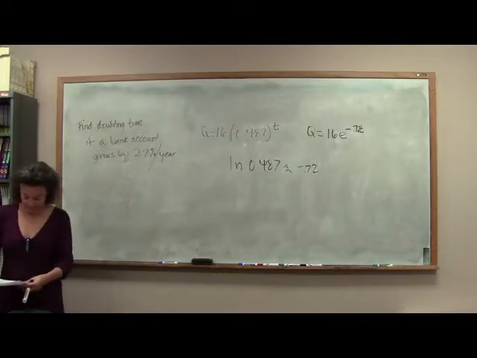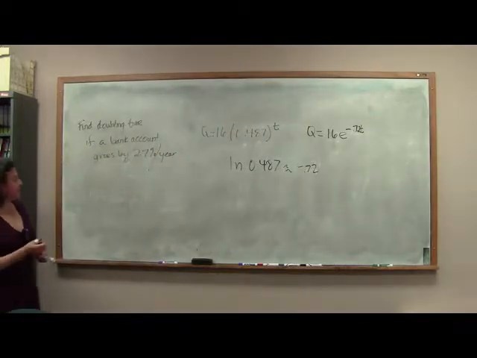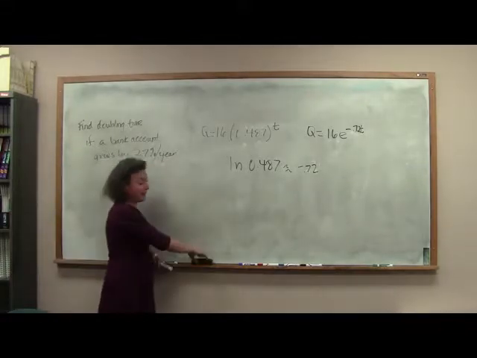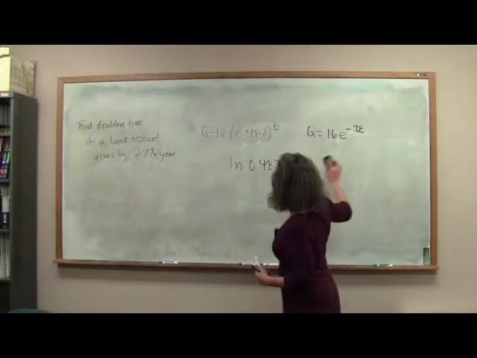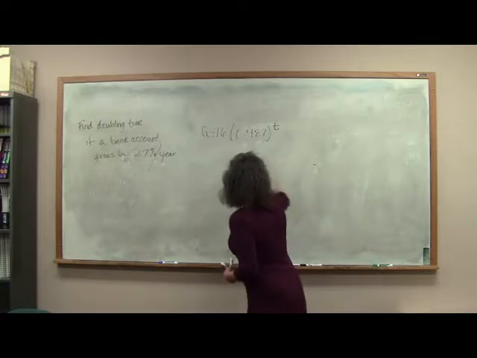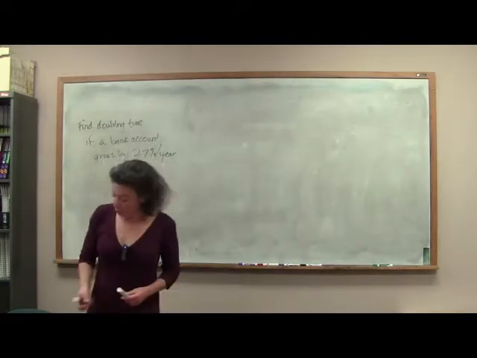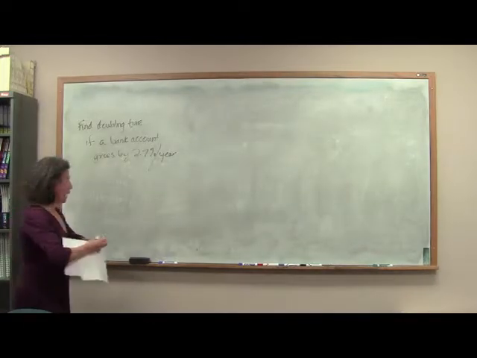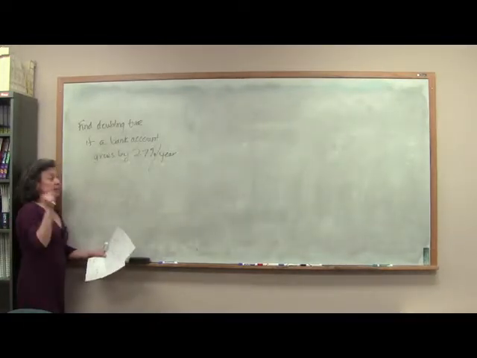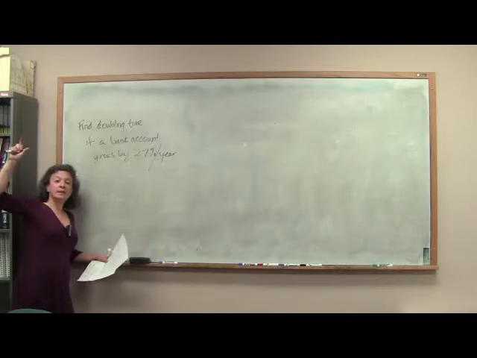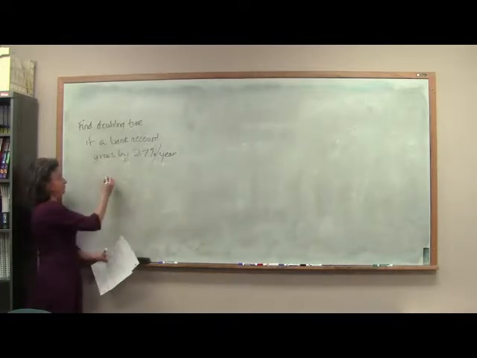Okay? The first thing to take notice is this is an annual growth. It is not a continuous growth. Because it's an annual growth, I know that right from the get-go, I am going to write this formula with a base of B, not with a base of E.